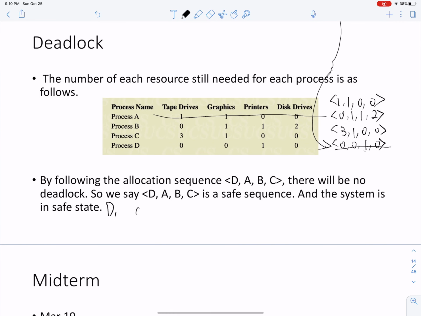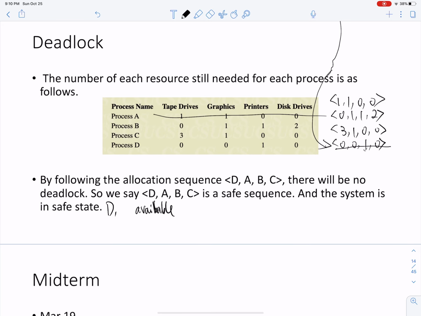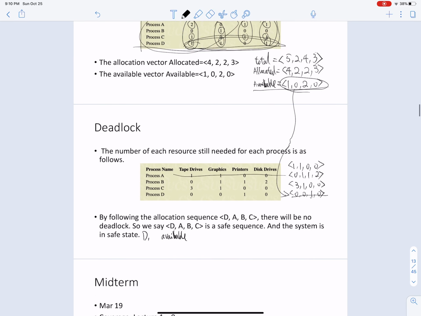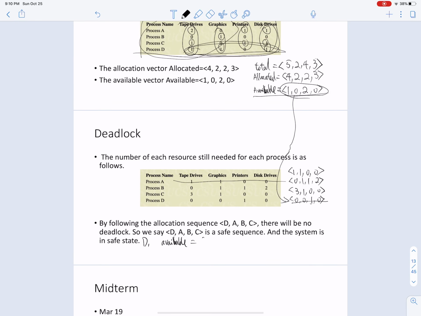So after that, the available is going to be 2, 1, 2, 1. We can erase process D because it has already finished execution.